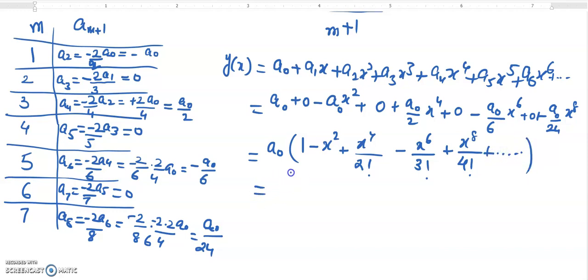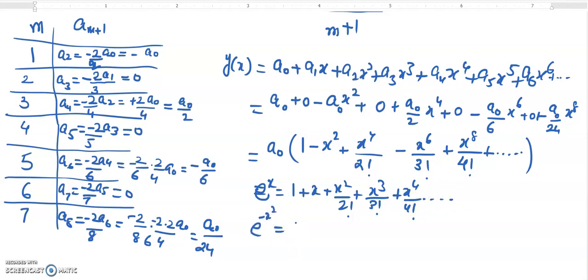Okay, so now I can see that this is the series for e power minus x square. For example, we know that e power x is equal to 1 plus x over 1 factorial plus x square over 2 factorial plus x cube over 3 factorial plus x power 4 over 4 factorial, and if I replace x by minus x square, it will be 1 minus x square plus x power 4 over 2 factorial, then minus x power 6 over 3 factorial, and then plus x power 8 over 4 factorial.